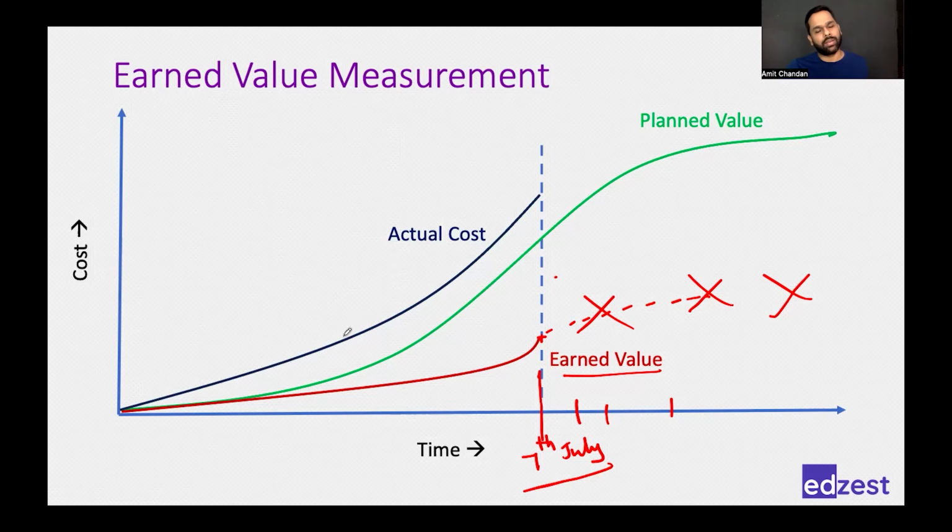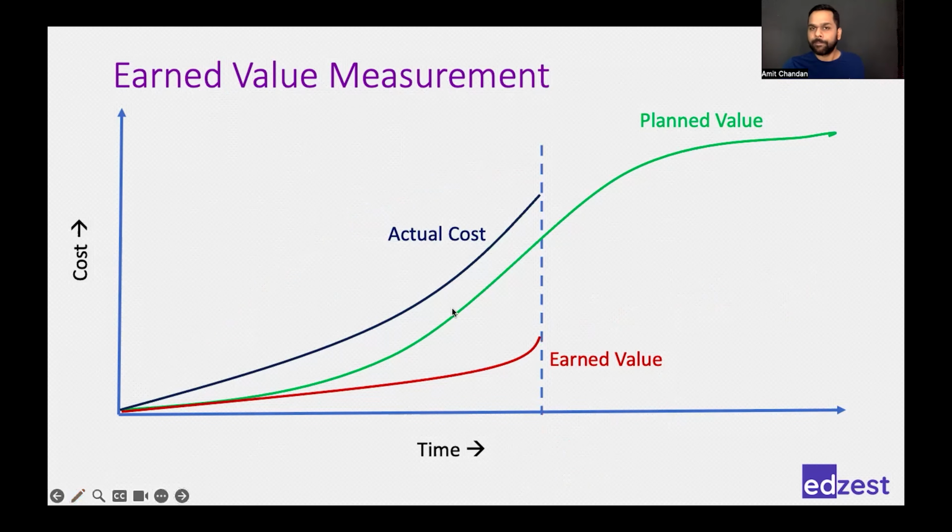It could be like this as well. Right? Depending on how much work you are doing. Right. So earned value tells me what is my actual work and what was my planned value for that. I'll keep plotting this whenever it happens. Every time I measure, I will put it on the chart and it will follow some curve like this. That will be my earned value.